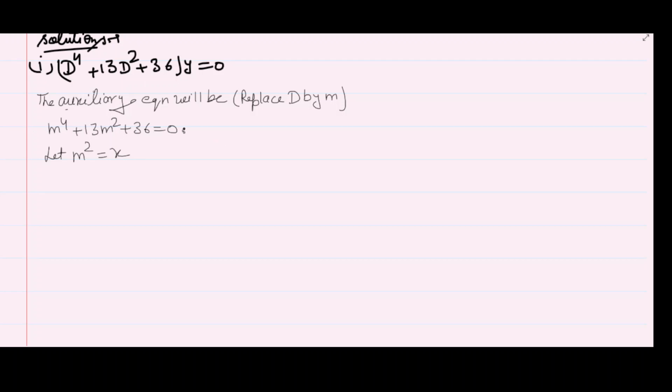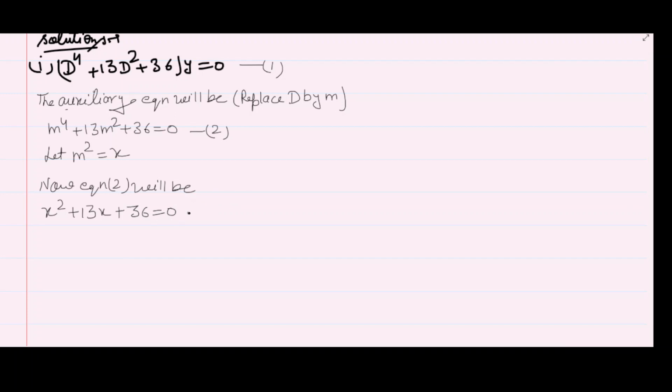Then this equation, if I consider it as equation number 1 and this is the equation number 2, then equation 2 will be x square plus 13x plus 36 that is equal to 0. This will be the equation number 2 converted.